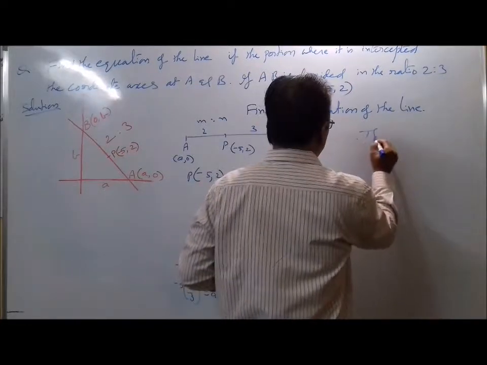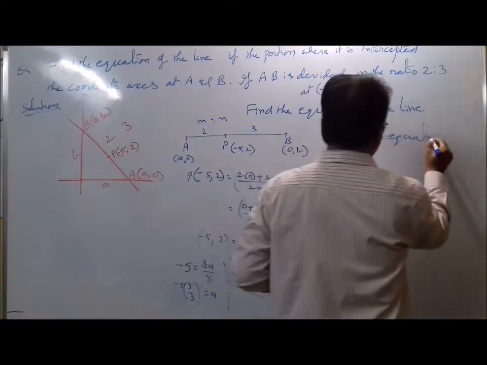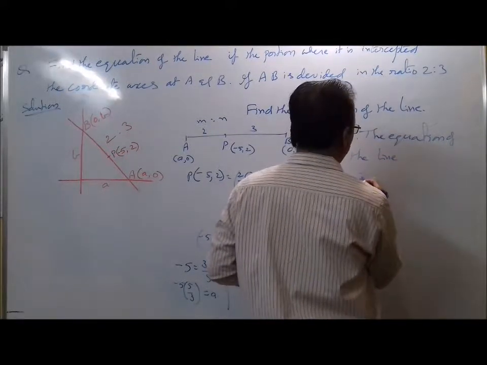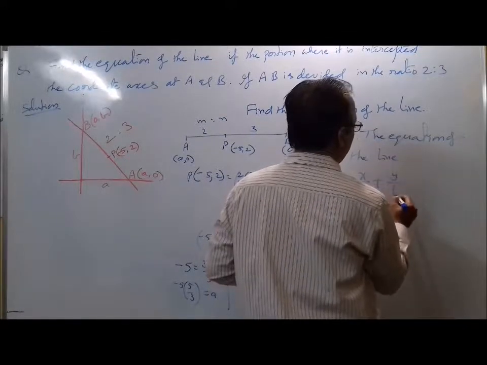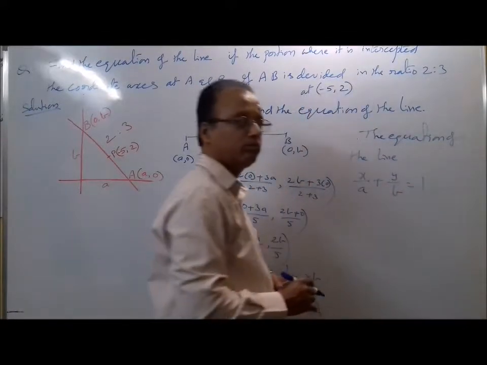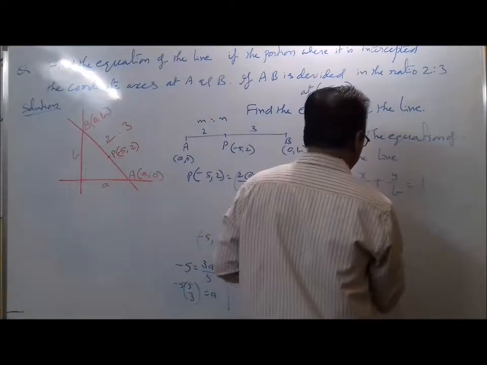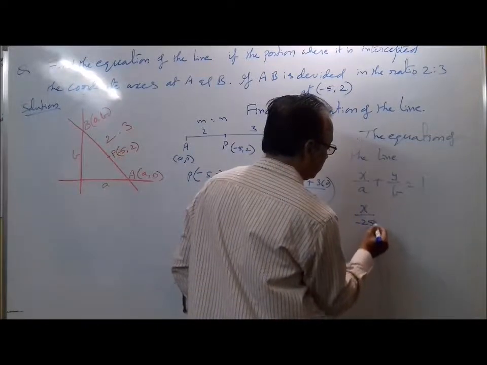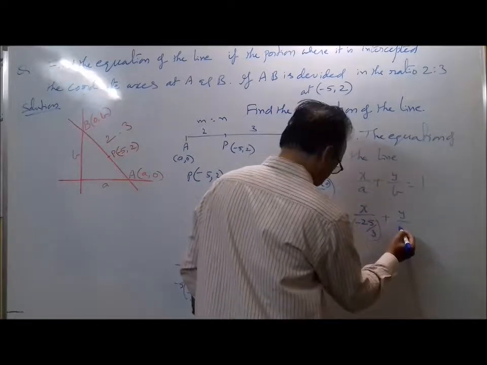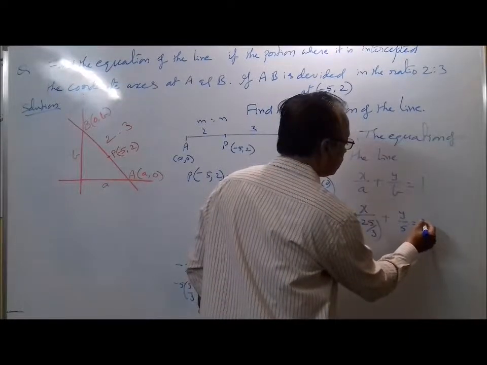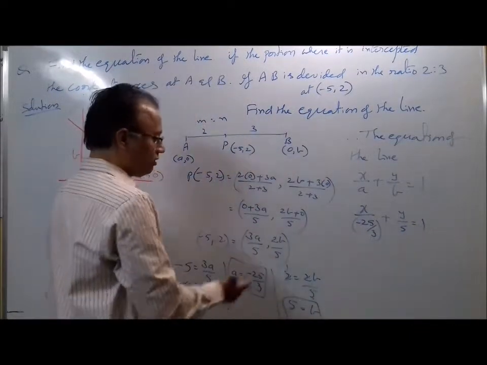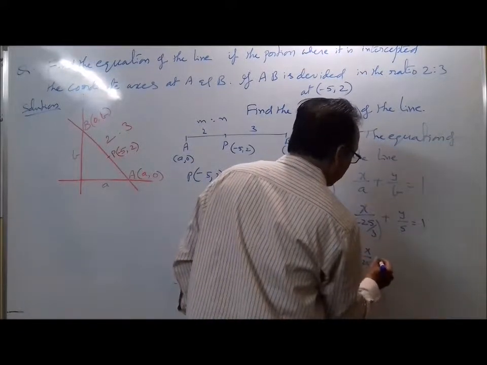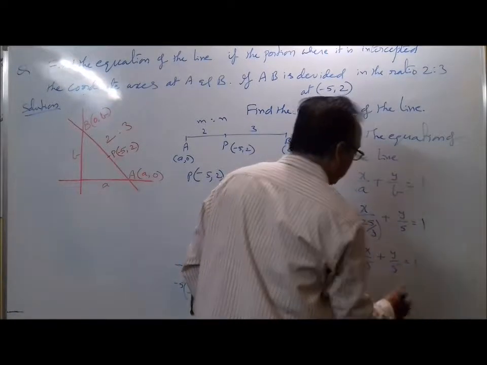Therefore, the equation of the line: x by a, that is minus 25 by 3, plus y by 5 is equal to 1. That is, 3 goes up. So 3x by minus 25 plus y by 5 is equal to 1.